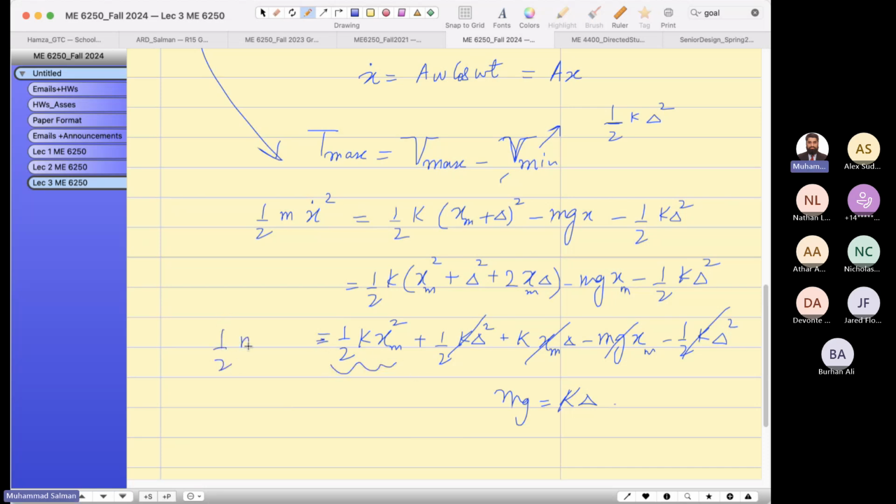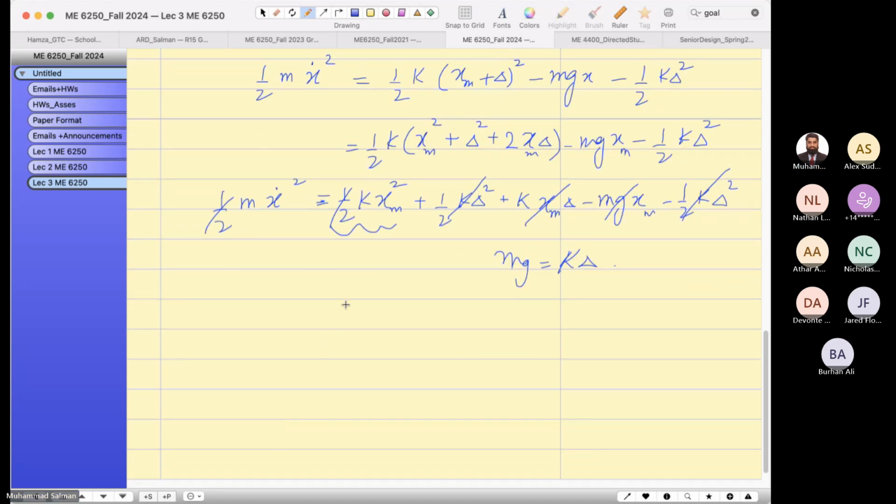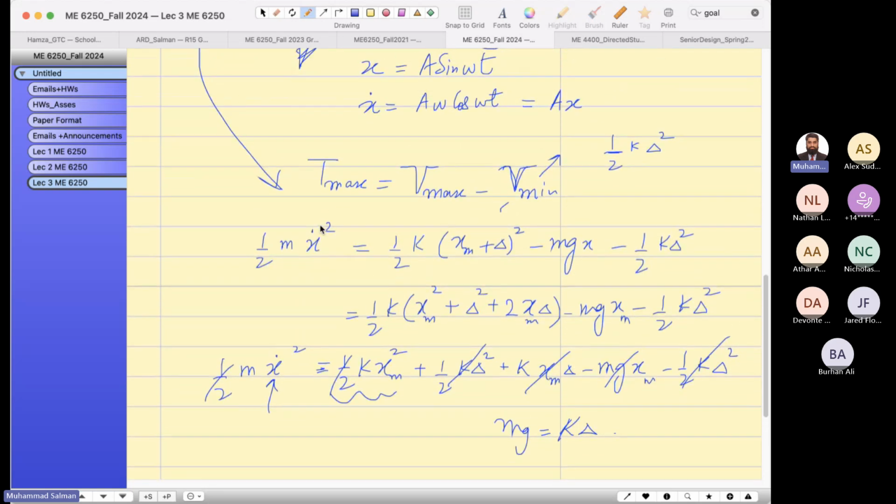On the left hand side, this is half m x dot square. And half is cancelled by this one. So in place of this one, I can use the simple harmonic motion. How can I replace this? This is a omega x. Sorry, I should have written here. Let me rewrite here. This is a x omega or omega x. It doesn't matter.